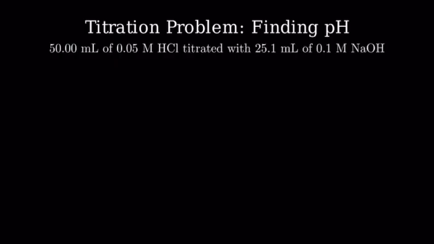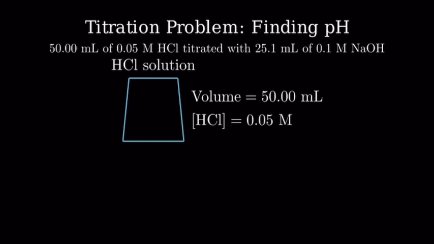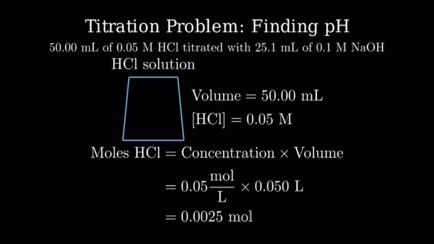We need to find the pH after adding 25.1 milliliters of 0.1 molar sodium hydroxide to 50 milliliters of 0.05 molar hydrochloric acid. Let's start by calculating the moles of HCl we have initially. To find moles, we multiply concentration by volume. That's 0.05 molar times 0.050 liters, which equals 0.0025 moles of HCl.